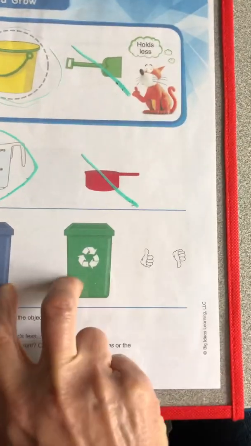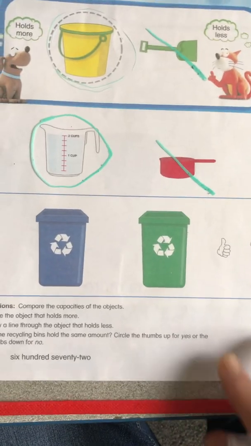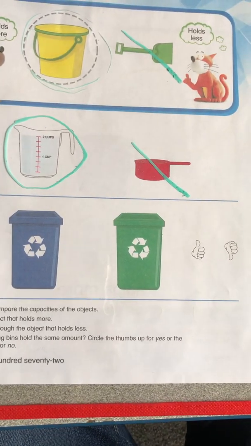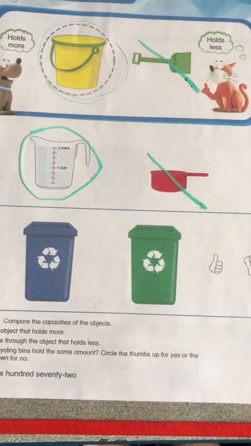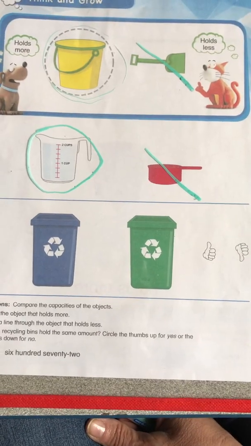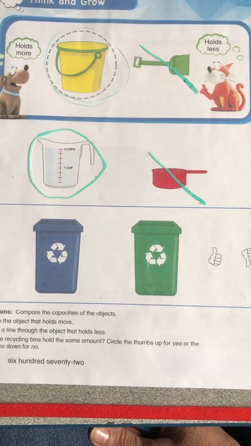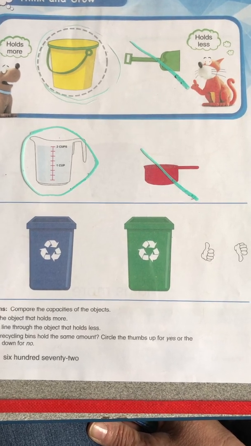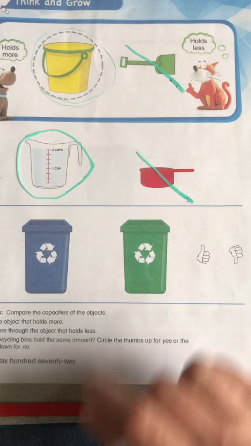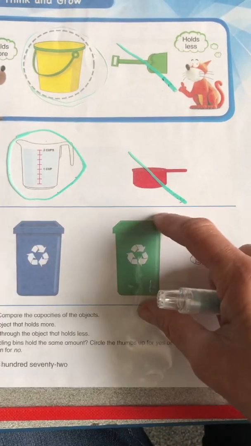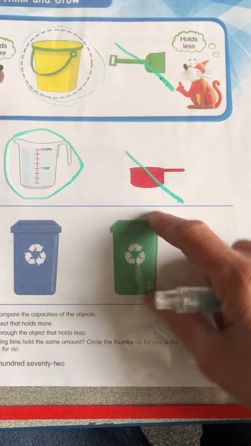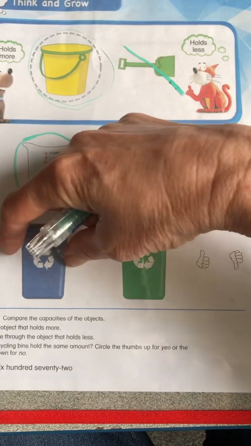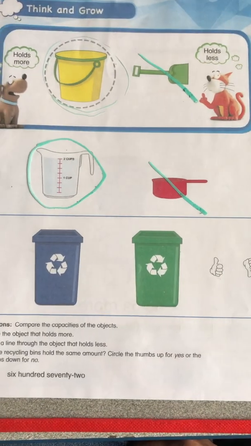All right, now look at the recycling bins down here. You see them? What do you think? Does one hold more and one hold less? Really look carefully. Look at the details. It looks to me like they're both the same height and they're both the same width.